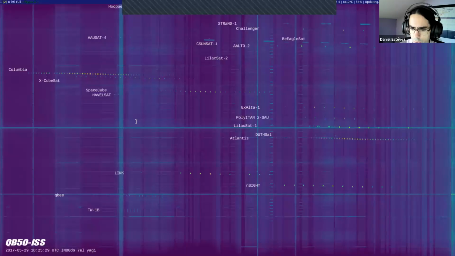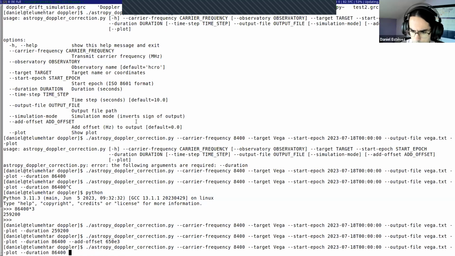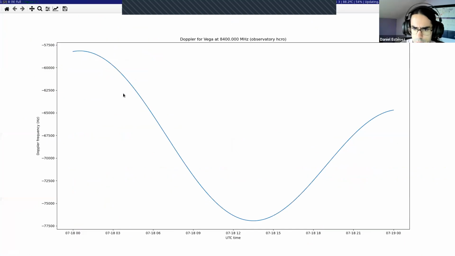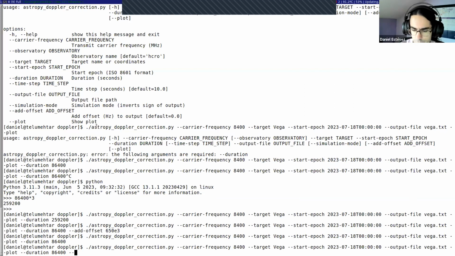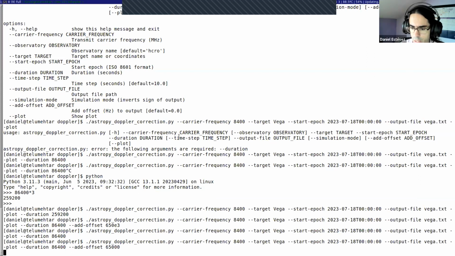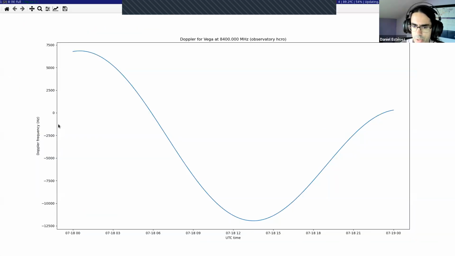What have I done wrong? The offset is in hertz, I think. Yeah, I was misreading this. It's only 65 kilohertz. So if I add 65 kilohertz, then the signal is more or less centered at 0.